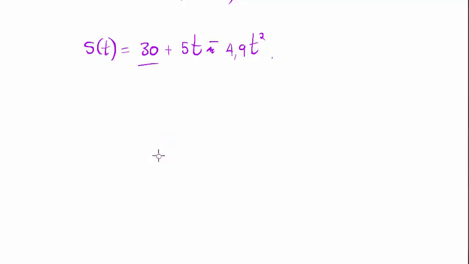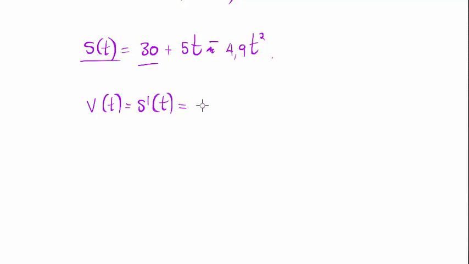Now I ask you a question like, what is its velocity after 5 seconds? Substitute 5 into t. Because this is displacement, I think you found the derivative. The derivative is the velocity, because we're doing rate of change.